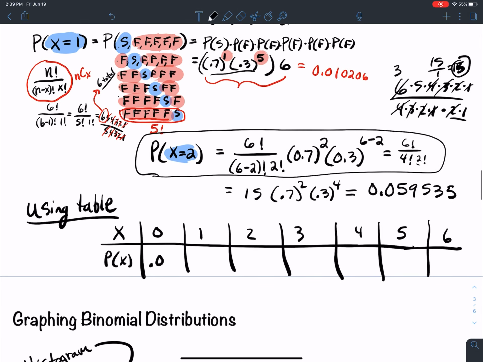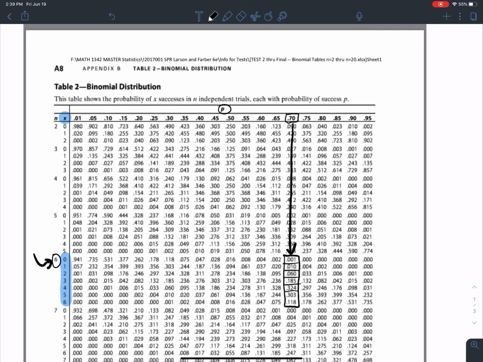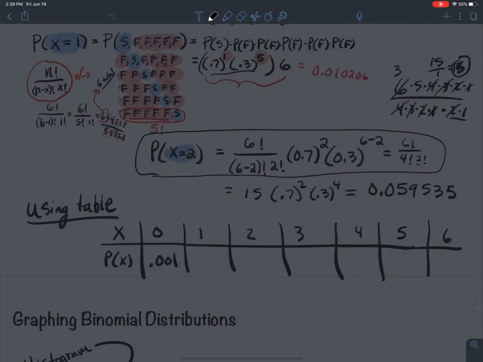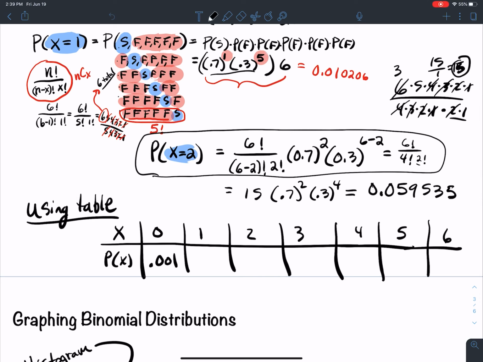The next row represents 1 success, so 0.010, then 0.060, and then 0.185, and then 0.324, and then 0.303, and then 0.118. Those are the values. So let's plug those into our probability distribution.